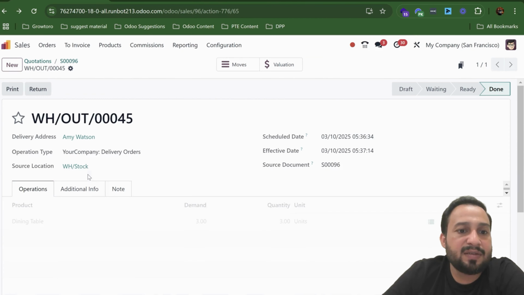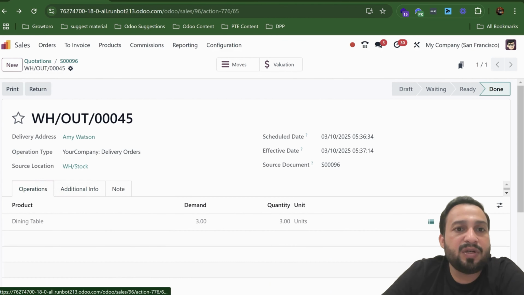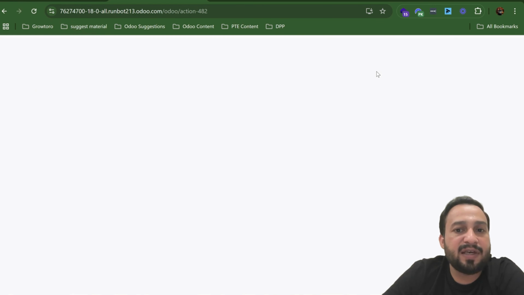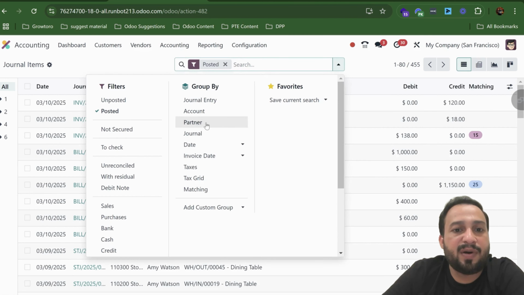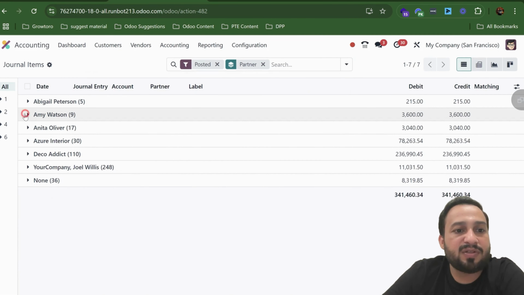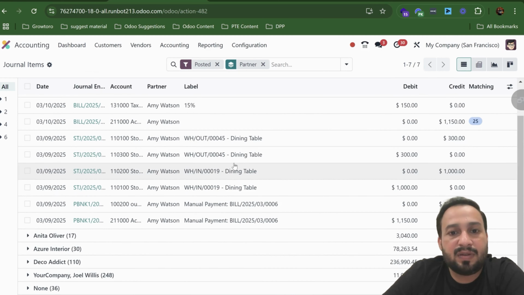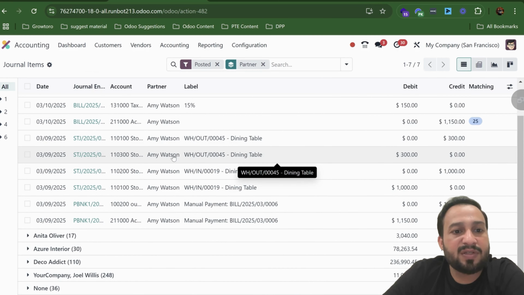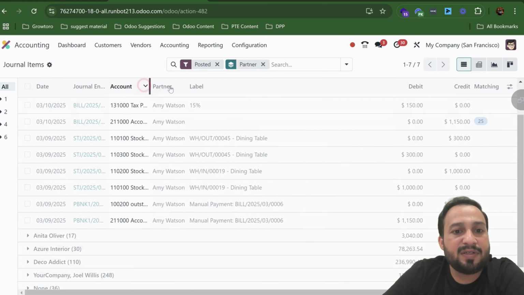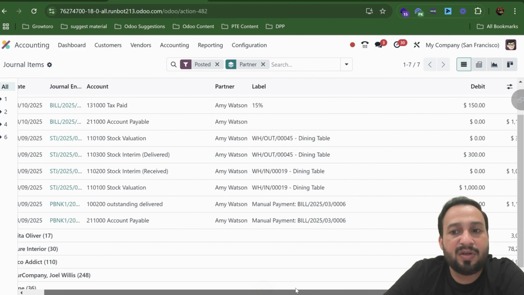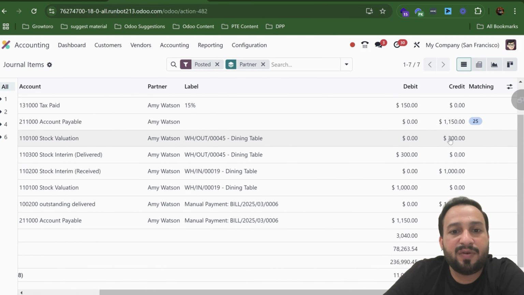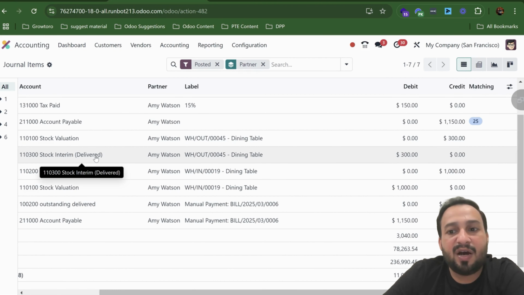If we go back and look into our journal items and I refresh again, and I search with the partner and select Emmy Watson here, you see the dining table, and the account is showing the stock valuation account, which is showing the 300 value, and this account is being credited, and our stock interim delivered account is showing the transaction on the debit side.